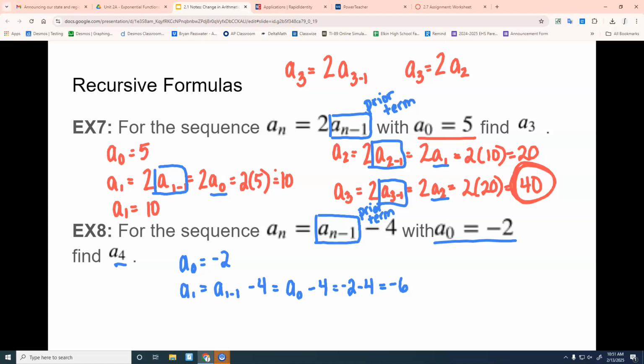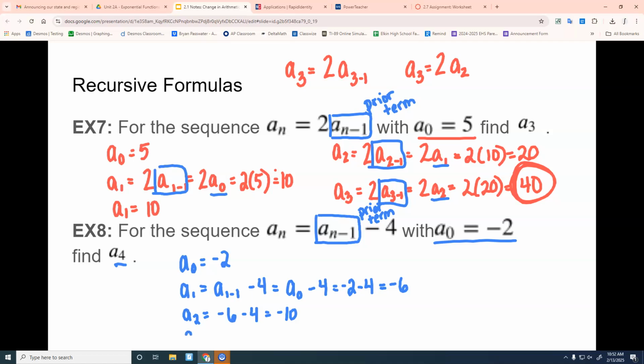So notice, all I really had to do right there was take my prior term, which was negative 2, and subtract 4 from it, which gave me negative 6. So if I wanted to do this a little more quickly, for a sub 2, I could take the prior term, which was negative 6, and subtract 4, which will give me negative 10.